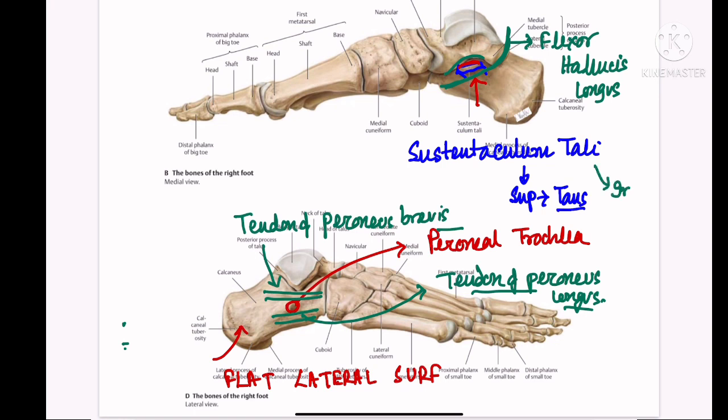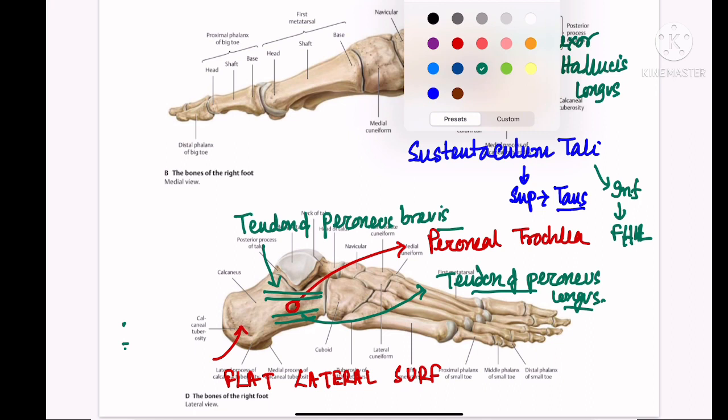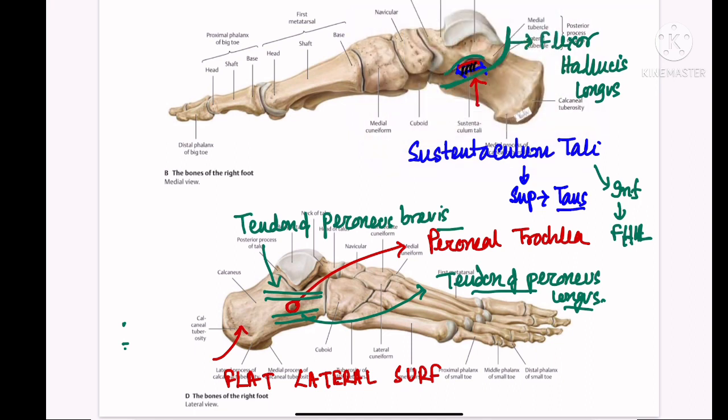So inferior surface, flexor hallucis longus. Now the medial surface of this projection is related to the tendon of flexor digitorum longus.